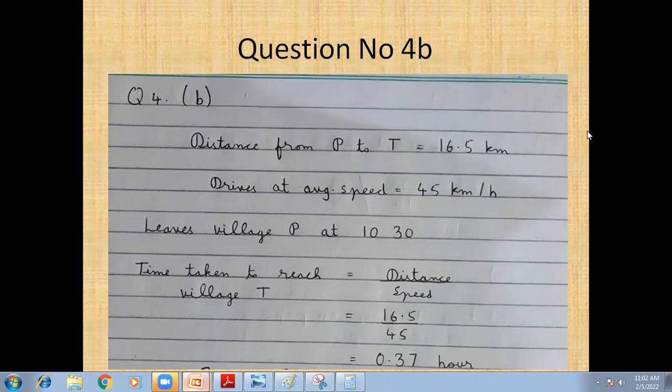He leaves the village P at 10:30. The time taken to reach the village T will be distance divided by speed, and that will be 16.5 divided by 45, and that will give you 0.37 hours. So this is the time he takes going from P to T.